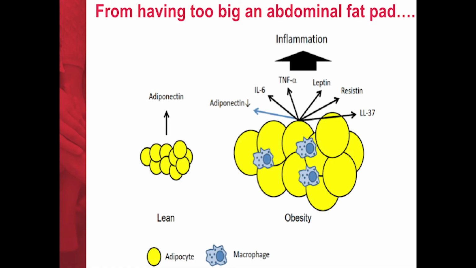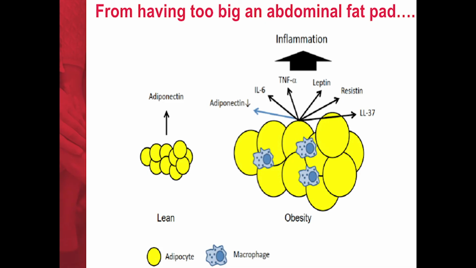Another probably major source of cytokines in CLL is actually from being overweight, from having too big of an abdominal fat pad. The abdominal fat pad basically means that fat cells in the body are engorged with excess fat and stretched. So the fat cells get stretched.